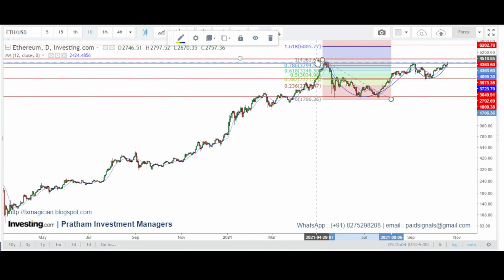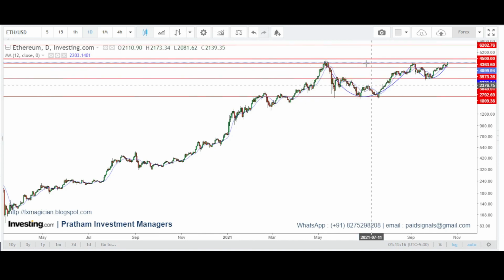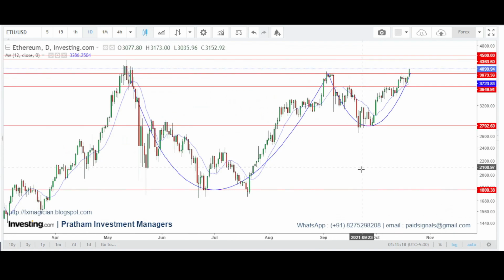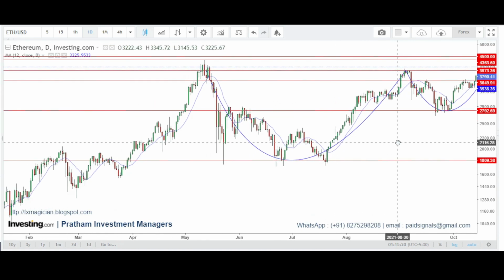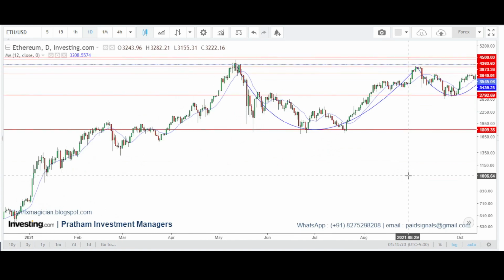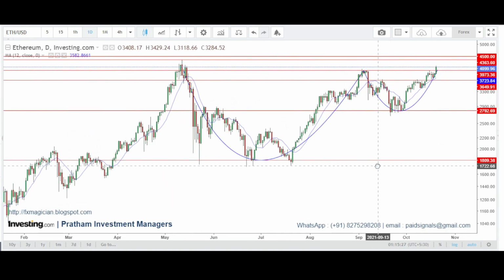So my target of the cup and handle formation, which is 6200, is approximately perfect. It may be slightly plus minus, slightly different from the expected levels. Everything depends on the market movement, the intensity of traders, and the way they look at the breakouts.